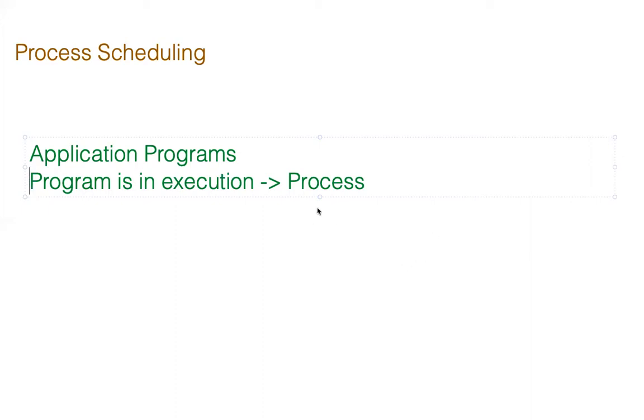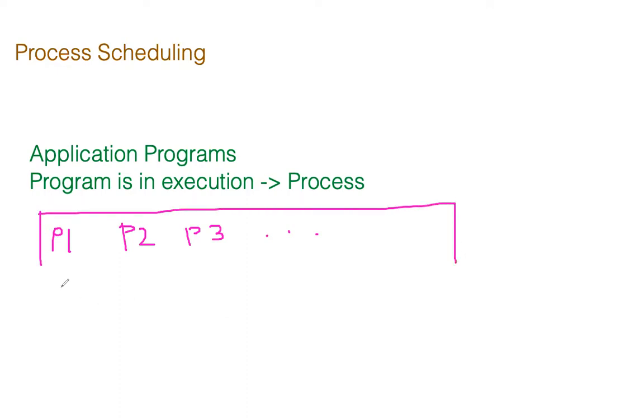Now, whenever we have multiple processes like this, such as P1 process means P1 application program in execution, P2 process, P3 process like this. At that time, how the CPU is allocated to these processes is not done in a random fashion. Internally there is a queue data structure, and whenever a process comes, this process comes at time instant T0.